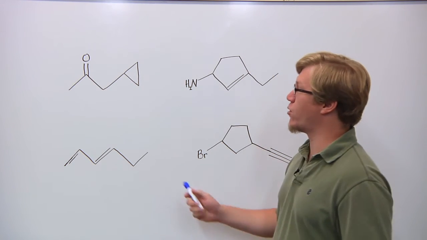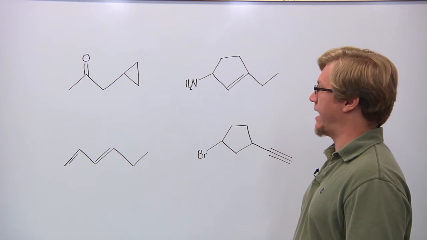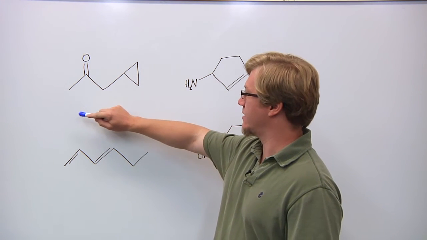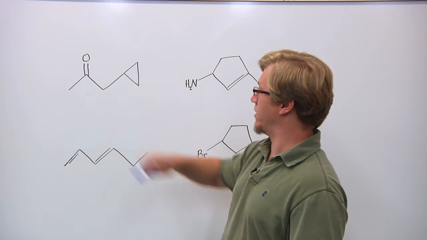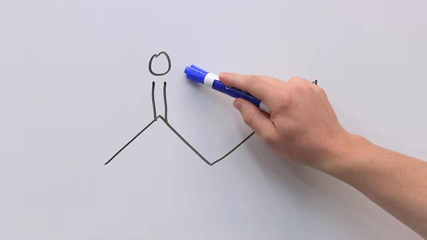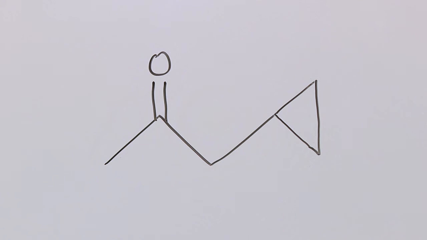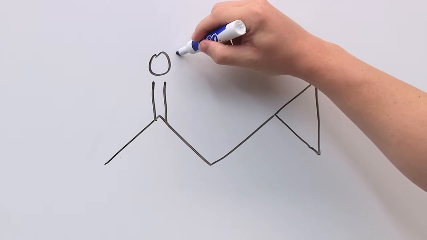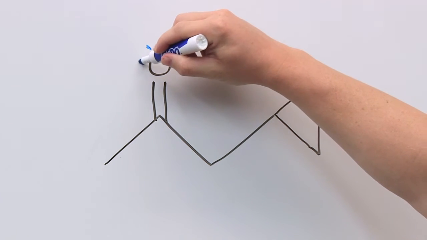Now we're going to look at 4 more examples, and the first one that we're going to look at is this one. Now, it's going to have an oxygen here like we looked at before, but now it's double bonded. So how does that affect our hybridization? Well, again, remember that we have 2 lone electron pairs here.